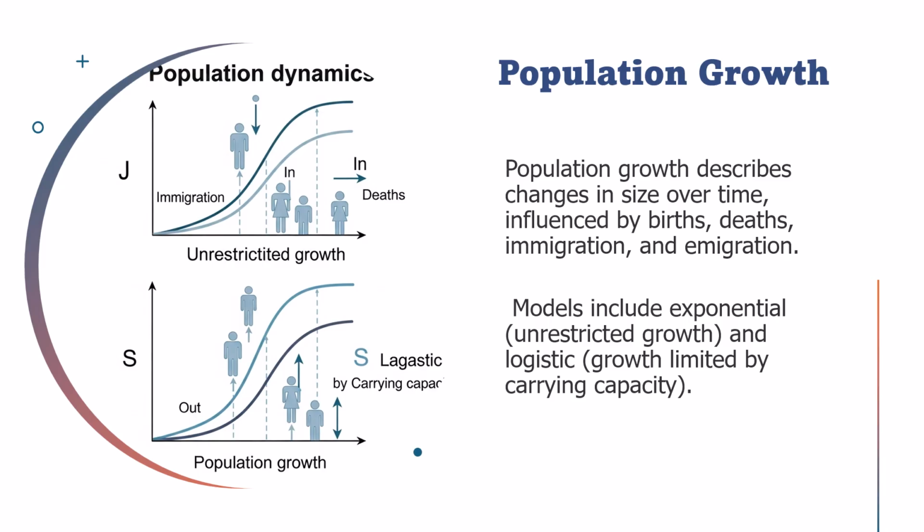Understanding these patterns is critical for predicting future population trends and planning for resource needs. For humans, rapid population growth poses challenges such as urban congestion, food insecurity, and environmental degradation, and for wildlife, growth dynamics inform conservation efforts, helping to maintain balanced ecosystems and prevent overpopulation or extinction risk in specific habitats.